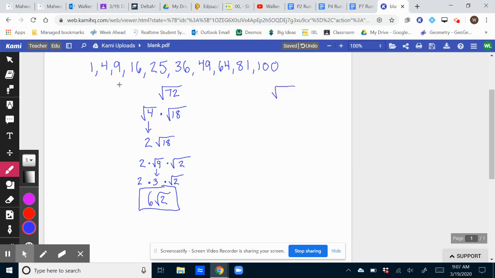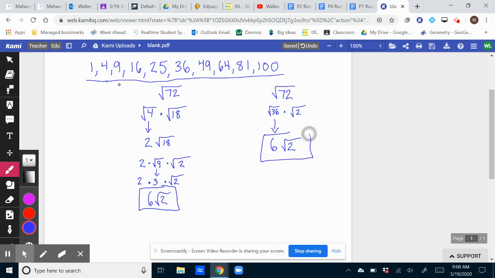Okay, now just to show you what would have been easier, the fastest method to solve one of these problems is to find the biggest one of these perfect squares that goes into 72. And hopefully some of you guys realized that the biggest one that goes into 72 is 36. 72 is 36 times 2. 36 is the whole number 6 squared.